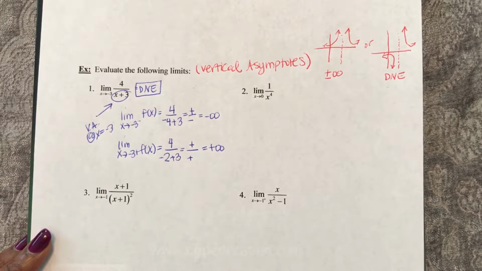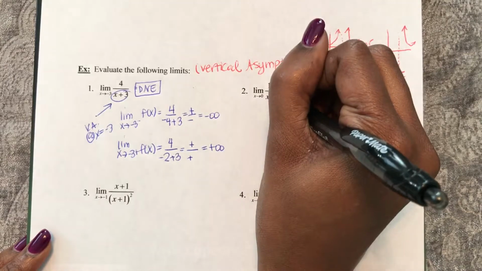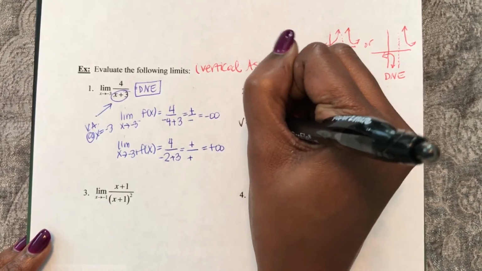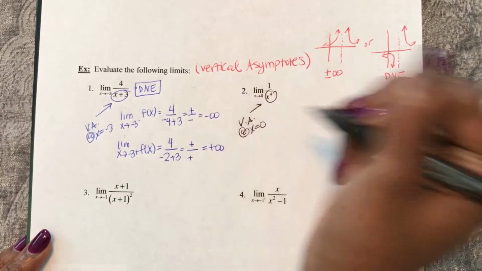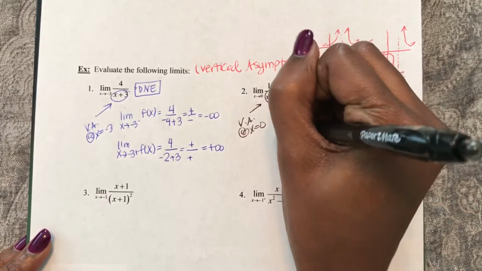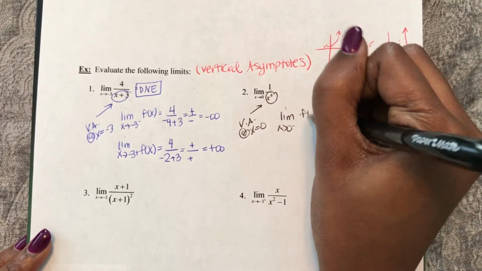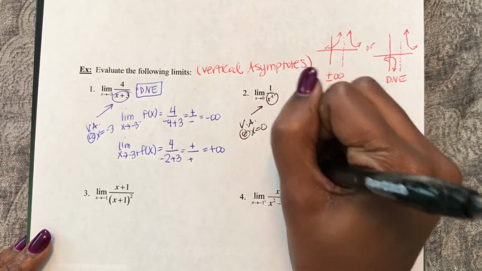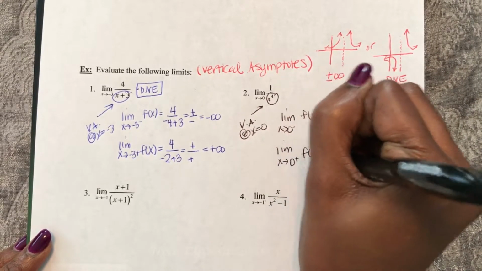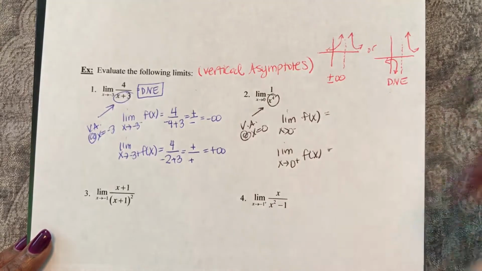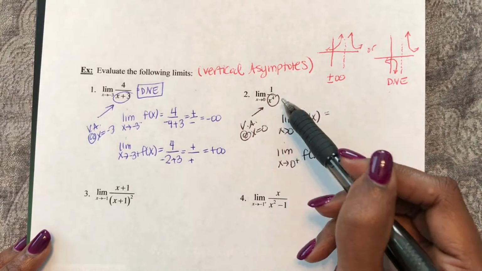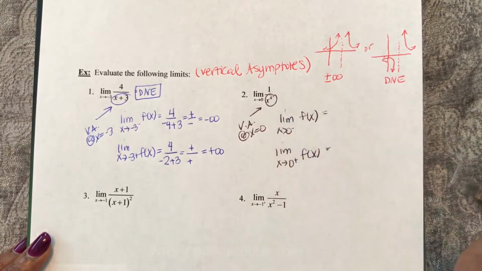So in example 2, we have a vertical asymptote at x equals 0. So I need to check the limit as x approaches 0 from the left of the function, and the limit as x approaches 0 from the right of the function. I know it's going to be infinite, so let's check from the left.